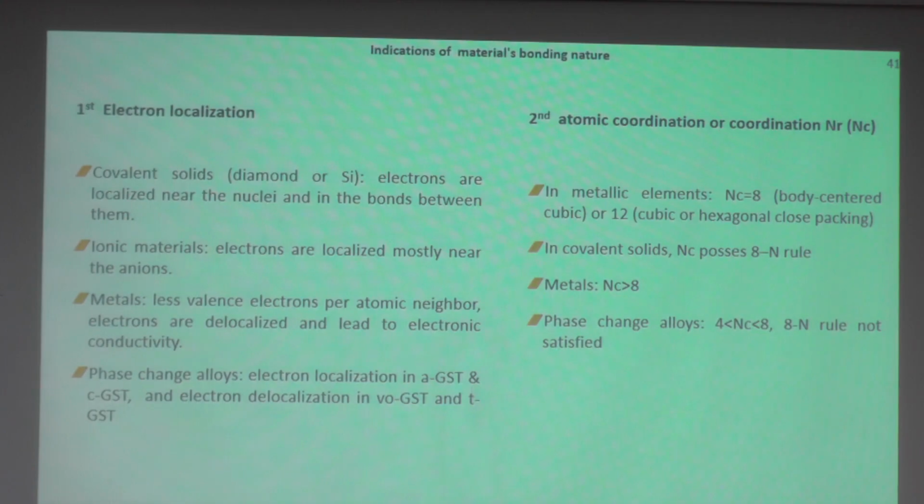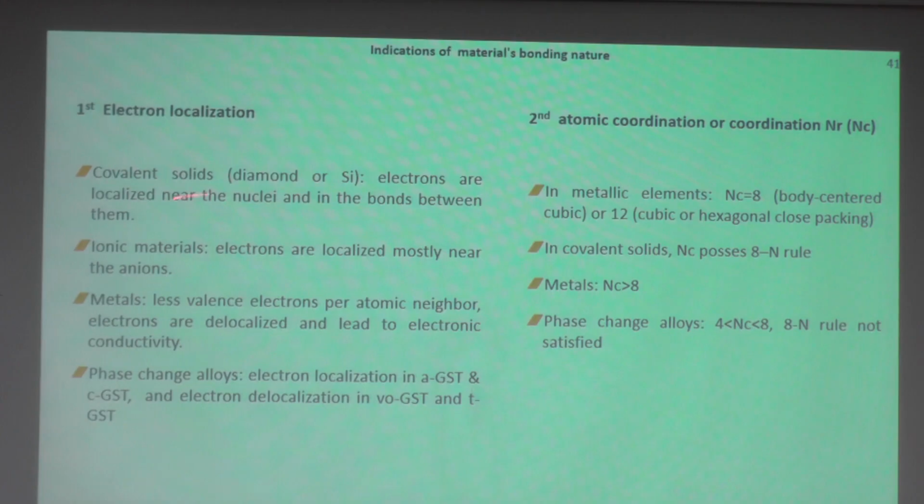So now let us look at some other identification of the materials' bonding nature. First we will look at the electron localization. We know from yesterday some properties of phase change materials: on the phase transition the electrons become more delocalized, localized in the trigonal phase, delocalized, and it shows metallic conductivity. Let us look at covalently bonded material like diamond and silicon.